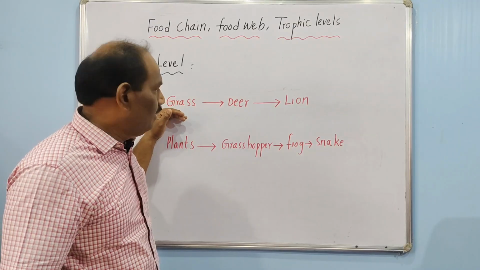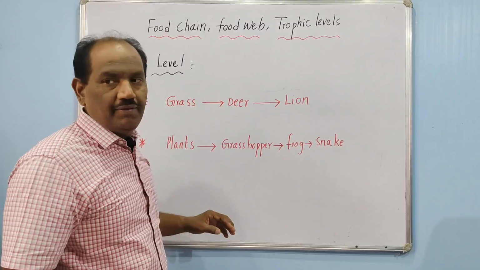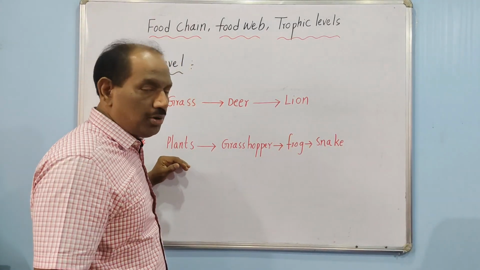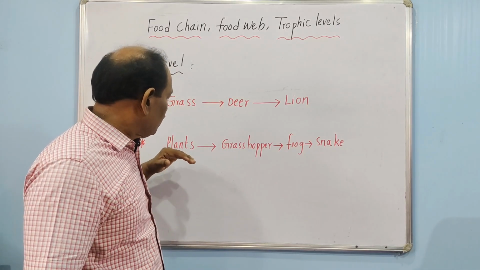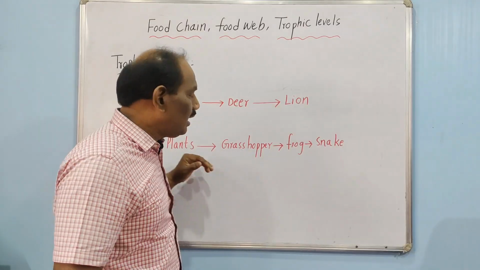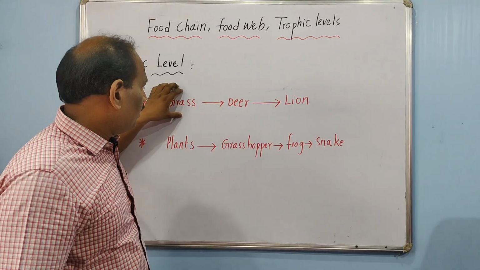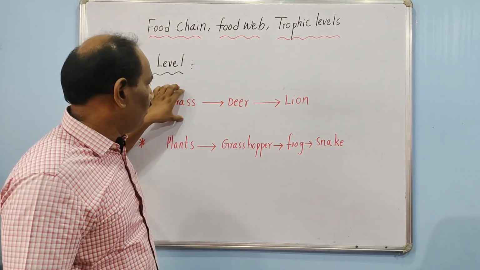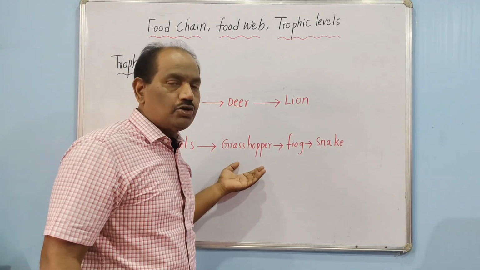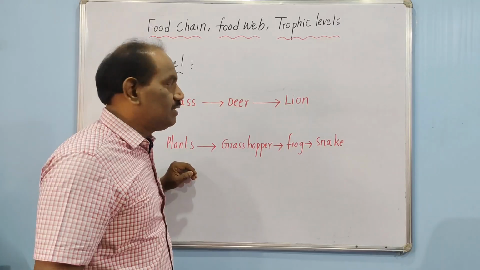So each step or level in a food chain is called a trophic level. Here we have three trophic levels. How many trophic levels are there here? Plants, grasshopper, frog, snake. Here we have four trophic levels: first trophic level, second trophic level, third trophic level, fourth trophic level.